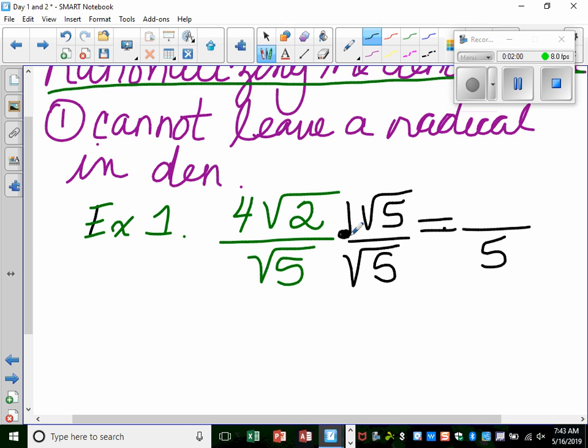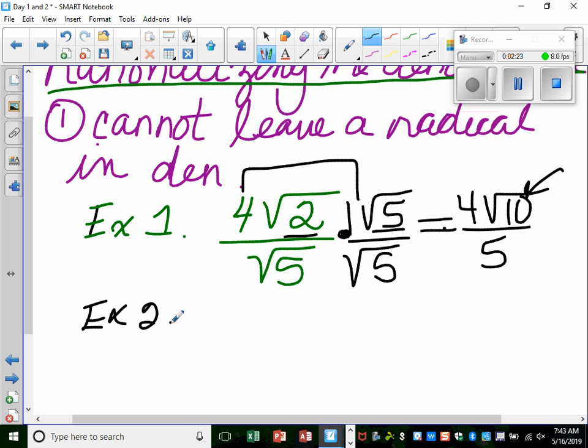So it's like an invisible 1 here. 4 times 1 is 4, and 2 times 5 is 10. Sometimes after you multiply, you can simplify the radicand, but you cannot simplify 10. It is in simplest form. So that's example 1. All right, example 2.